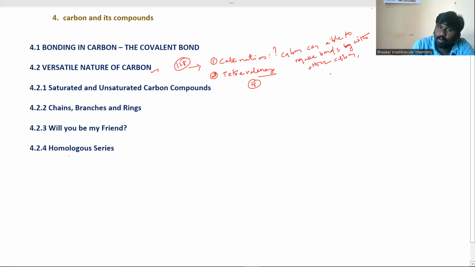So it can give a long chain. It will give a long chain also.